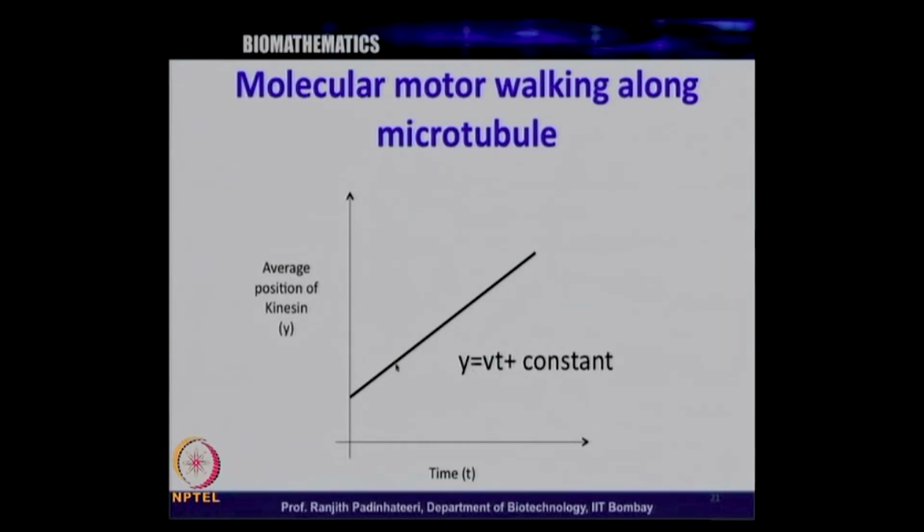I call y, the position, a function of time. y is equal to vt is a relation, and one can say the position y is a function of time. What does it mean? It means as the time varies, the position also varies. In this case, the average position y increases with time. That's why we represent y is equal to vt. The more the t, the more the y is. The numerical value of y will increase as we increase the value of time.